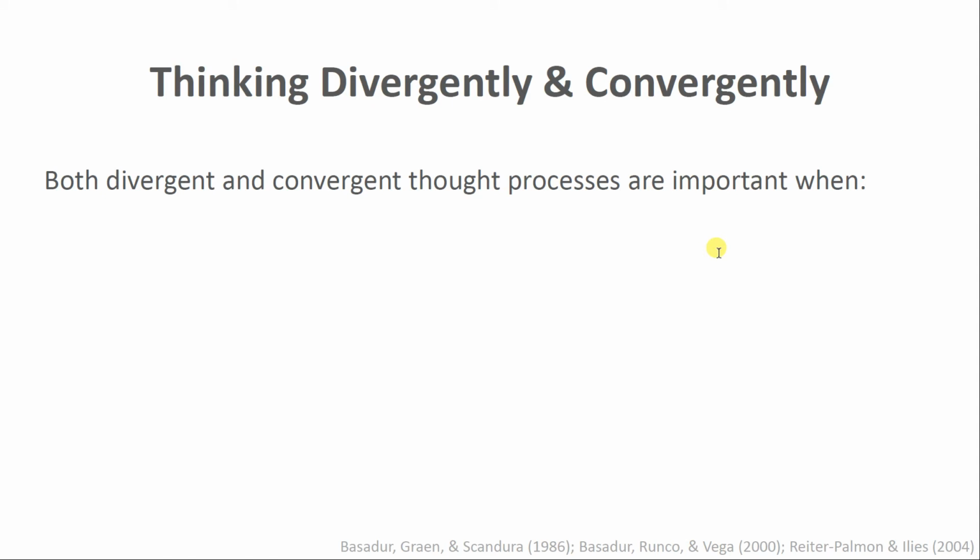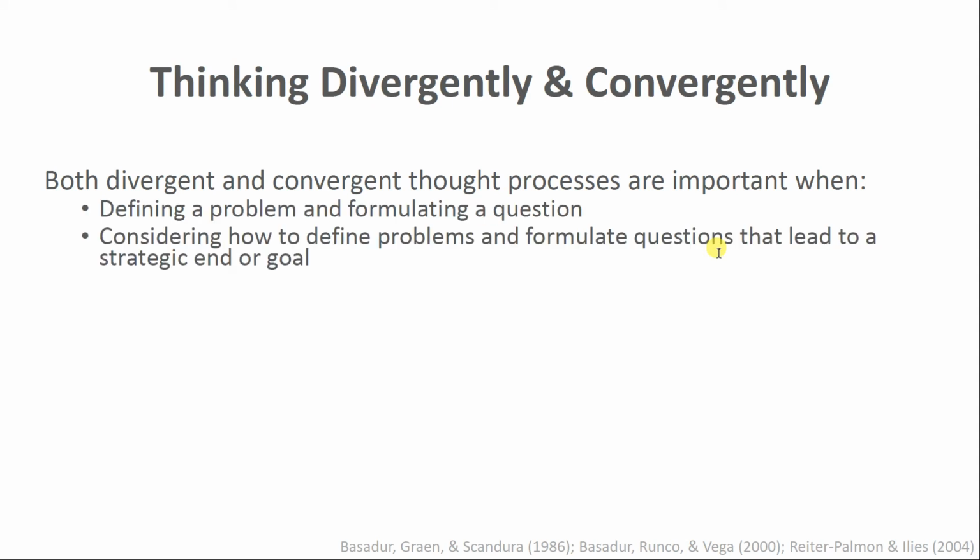Well, both divergent and convergent thought processes are important when defining a problem and formulating a question and considering how to define problems and formulate questions that importantly lead to a strategic end or goal. And other ones that will be presumably valuable to the organization. So trying to solve problems and answer questions that if we do so will actually add value, which should really be our end goal here.